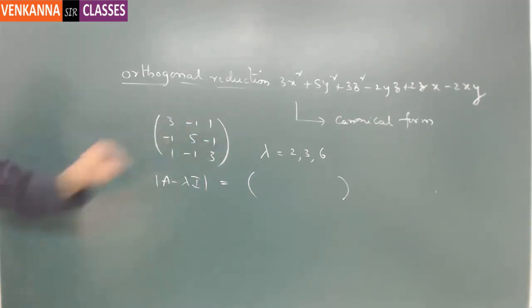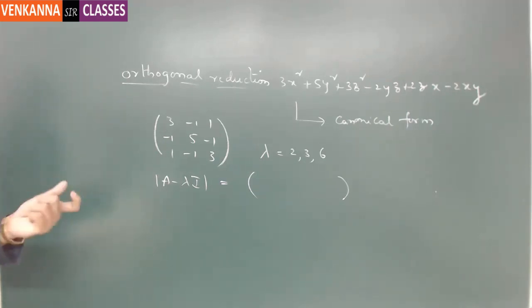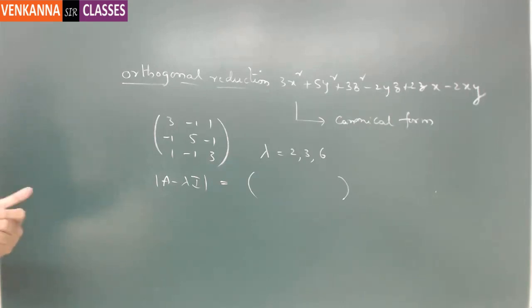Now these are the lambda values 2, 3, 6. So we call it a positive definite quadratic form. And you know how to solve for the eigenvectors, right? Is it necessary to solve the eigenvectors here? If you want, let us take one problem here.